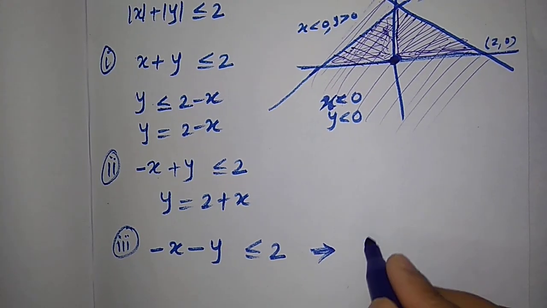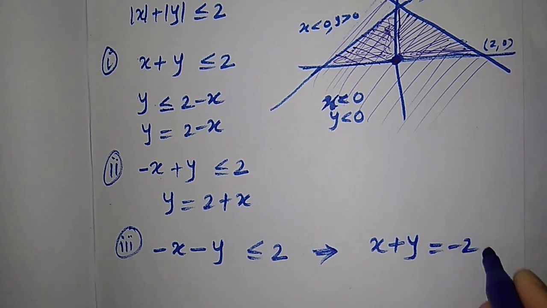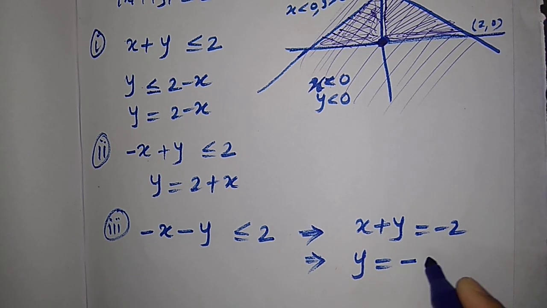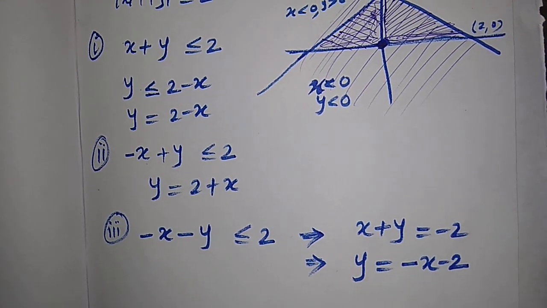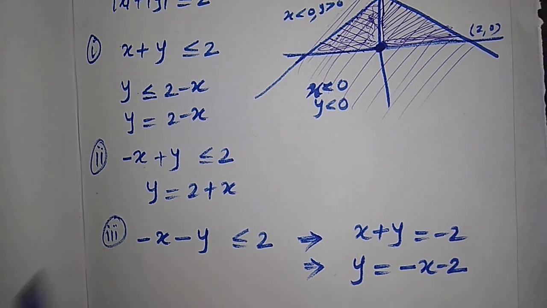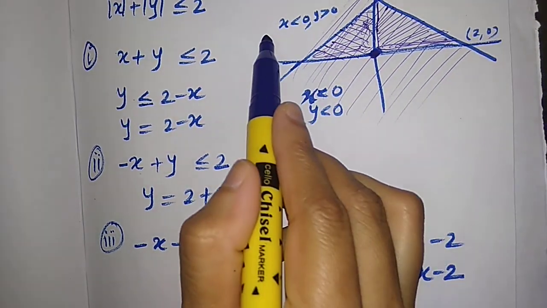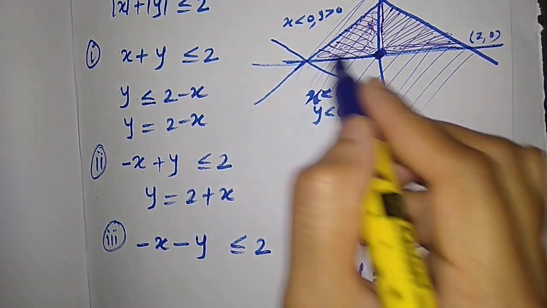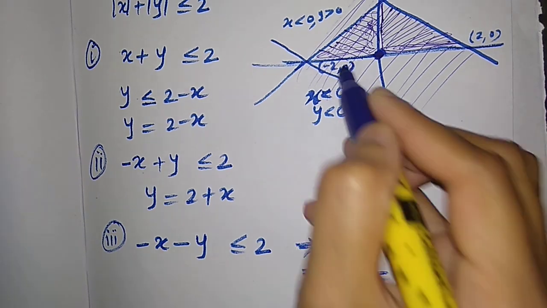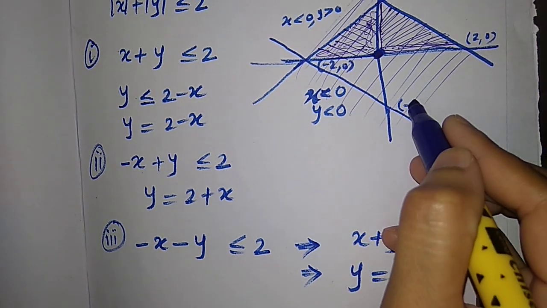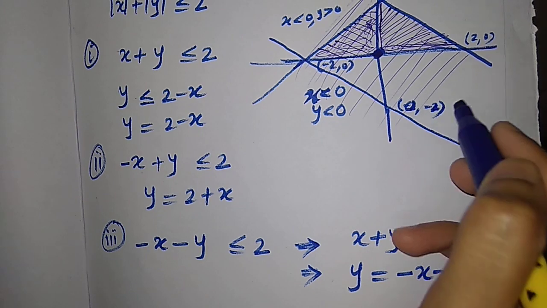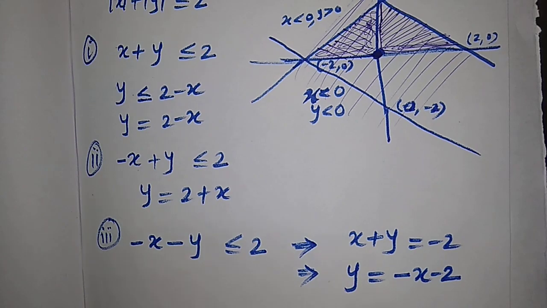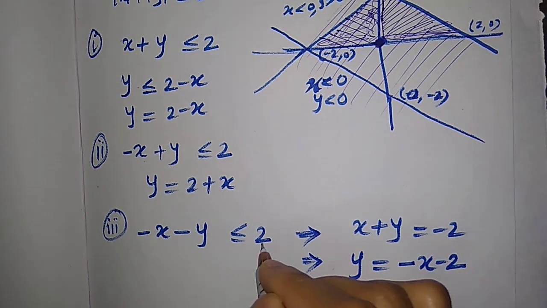And this gives us x plus y equal to minus 2 in the equation form, which is just y equal to minus x minus 2. And hence this line passes through these 2 points. This is minus 2 comma 0 and this is 0 comma minus 2. And now this 0 satisfies this inequality because minus 0 is always less than or equal to 2.